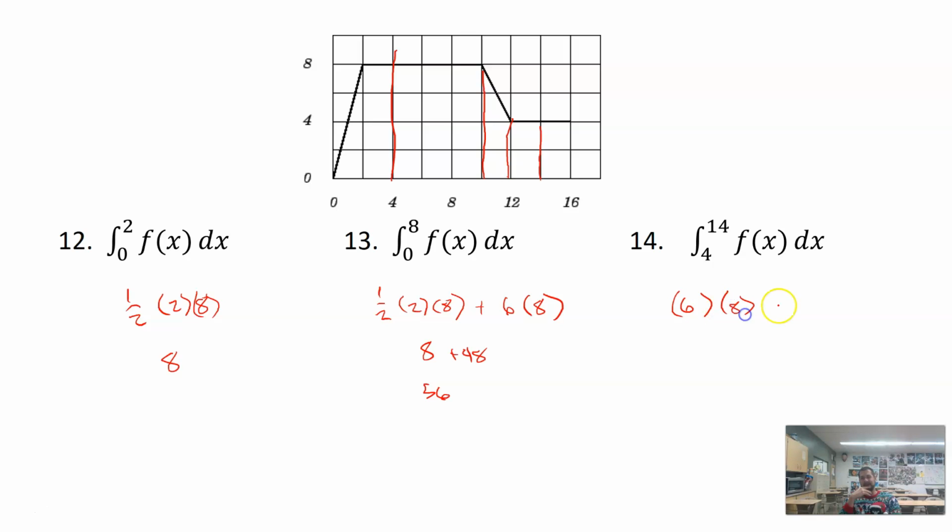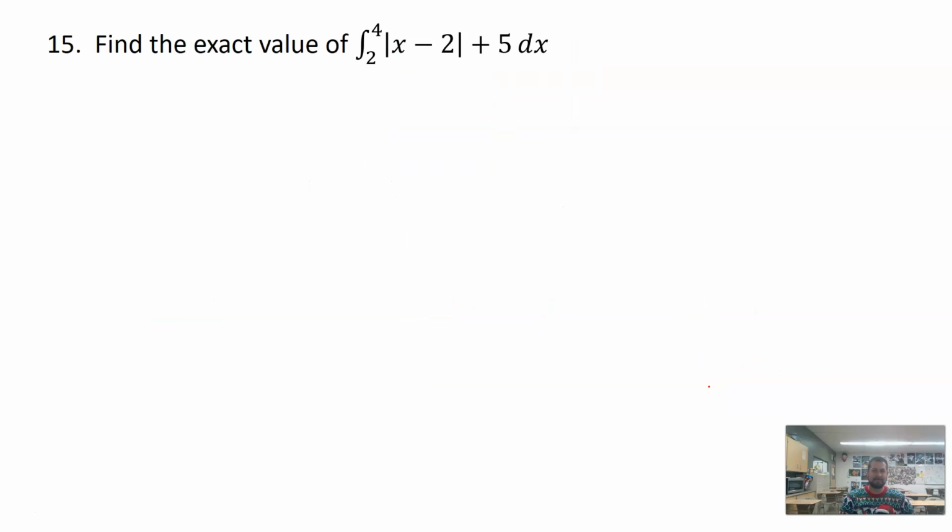Plus I've got this trapezoid, so I'm going to go 1/2, base 1 plus base 2 is 8 plus 4, and then we multiply that by how wide it is. It's 2 wide, because that's what every tick mark is. Then on the last one, we have a little tiny 2 by 4 rectangle. And if you want to add all of those up, that is fine as well.